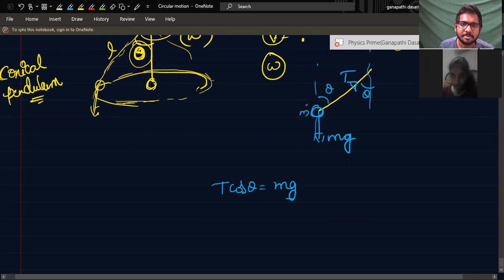If I'm sitting on the bob and observing with respect to the bob, it should be at rest. So T cos theta is equal to mg, and there will be T sin theta, which is equal to the pseudo force. If it is moving in a circle, the pseudo force will be away from the center.